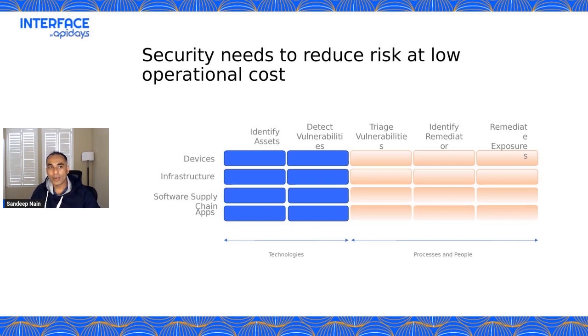But the reality is, when it comes to processes and people, processes don't scale. As the company becomes big or the organization changes or the tech stack changes, the processes fall apart. And when it comes to people, we just don't have enough people in the security industry. And these security engineers are pretty expensive.